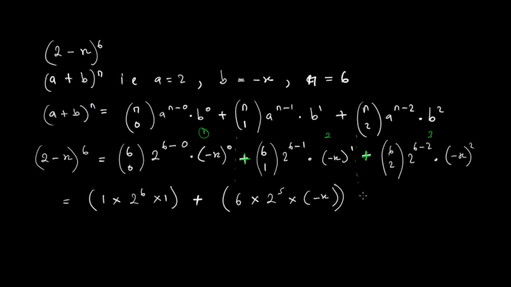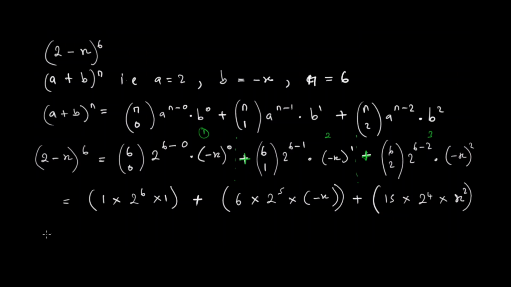And then plus, what about 6 choose 2? 6 choose 2 gives us 15. So this is 15 times 2 to the 4 times, then minus x squared. It's simply x squared, because we know that an even power cancels a negative sign.